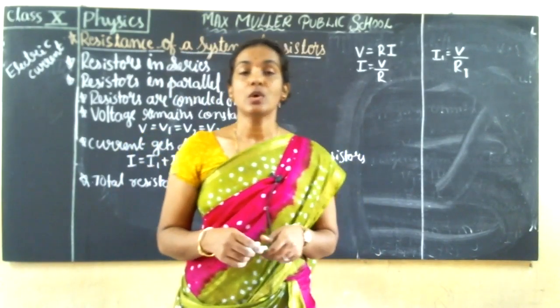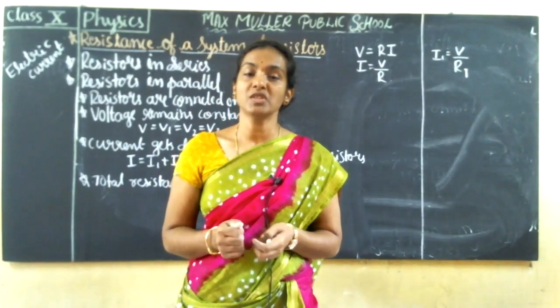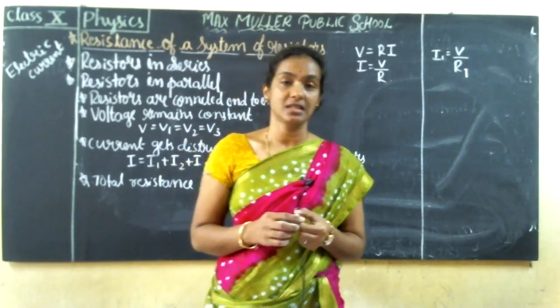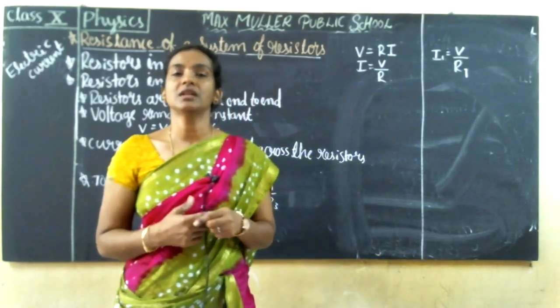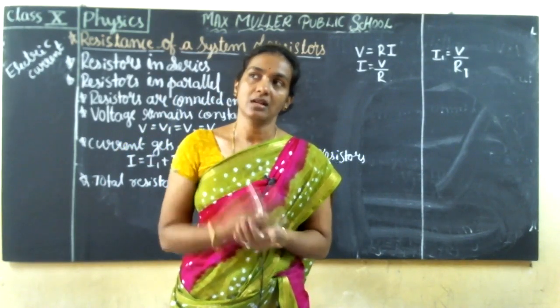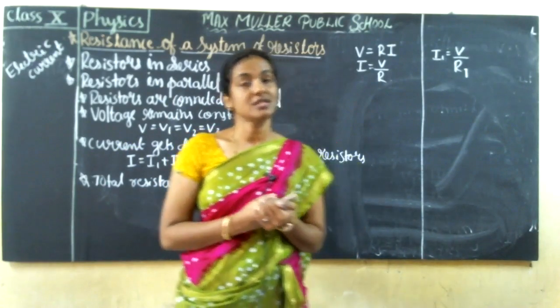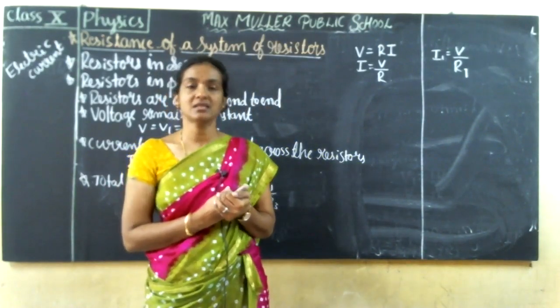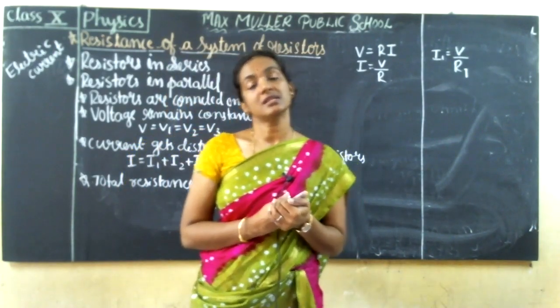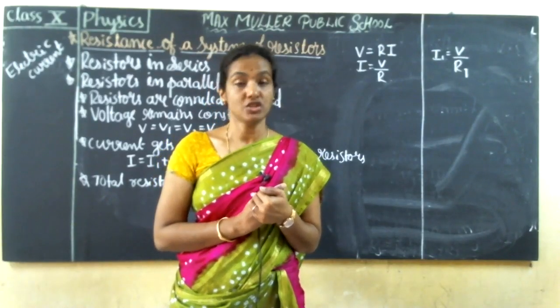In the last classes I explained what happens when you connect resistors in series. There are four important points to remember. When you connect resistors in series, the current remains the same throughout the circuit, through all the resistors. Voltage gets distributed.